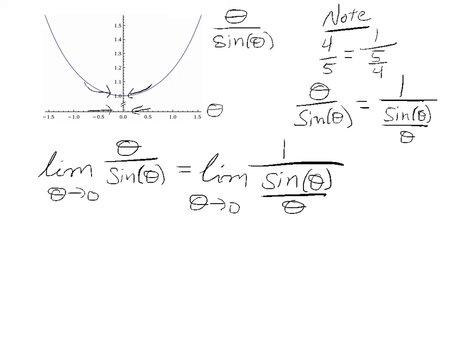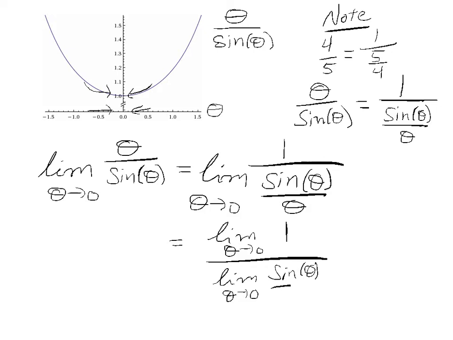And now we're going to put the final touches on this. The limit of a quotient is the quotient of the limits as long as the denominator does not go to 0. And then you will know from a previous video that the limit down here is 1, that's the fundamental trigonometric limit, and this is the limit as theta goes to 0 of a constant, which is simply 1.